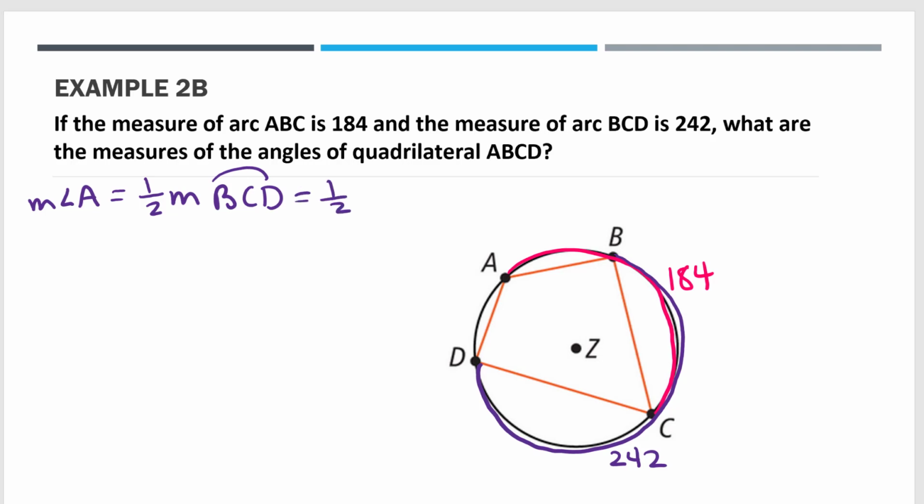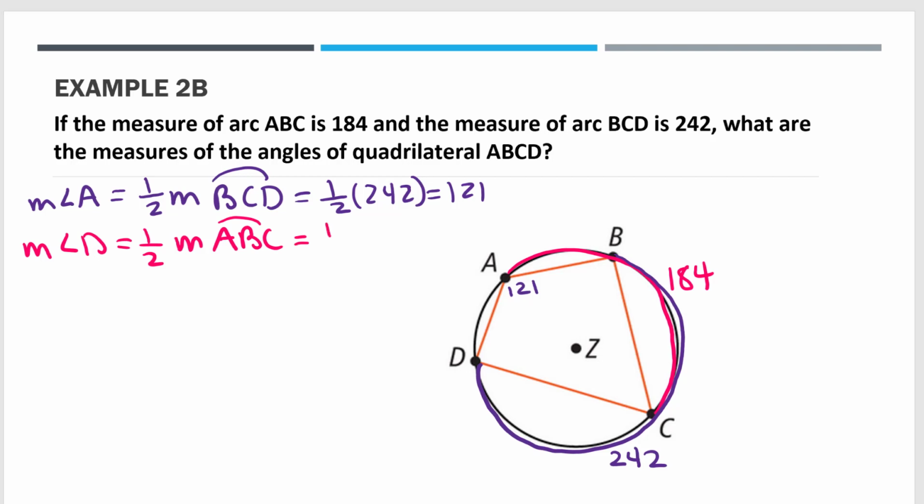So 1/2 of 242 is 121. So I'm going to put that on the diagram. And the measure of angle D is going to be 1/2 of the measure of arc ABC, and that's given to us. So 1/2 of 184 is 92. So we can put that on the diagram.